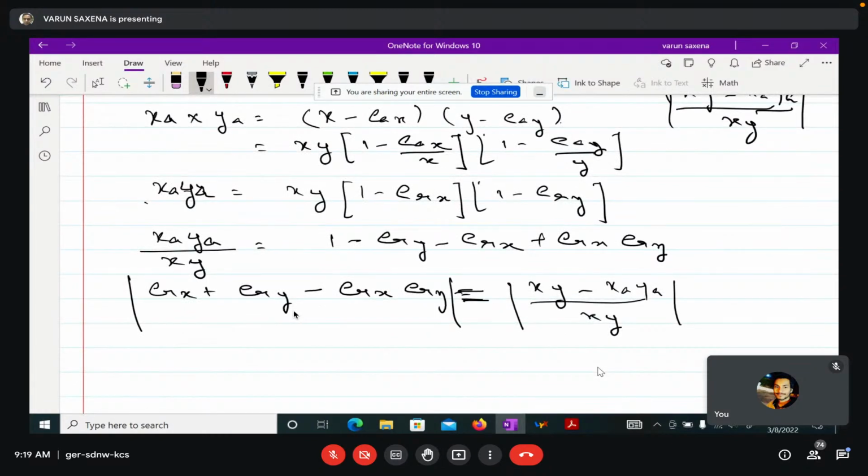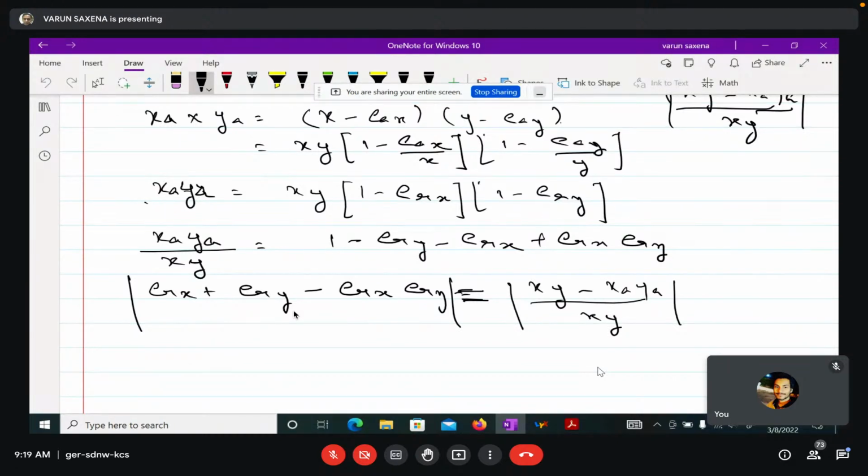Right, but now you can just see that considering that the relative error in x is of a very small magnitude, and so is the relative error in y, this product is going to be even smaller. For example, if erx is 10 to the power minus 4, and ery is let's say 10 to the power minus 3, that means the product is going to be 10 to the power minus 7, which is a very small quantity compared to 10 to the power minus 4 or 10 to the power minus 3, even though they themselves are very small. So for all practical purposes, generally people neglect this.